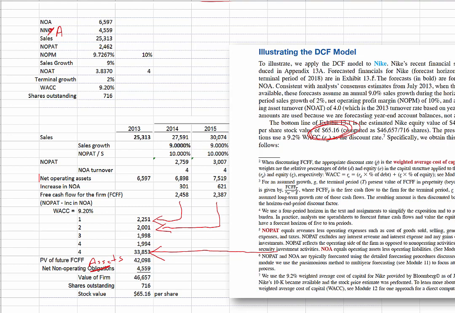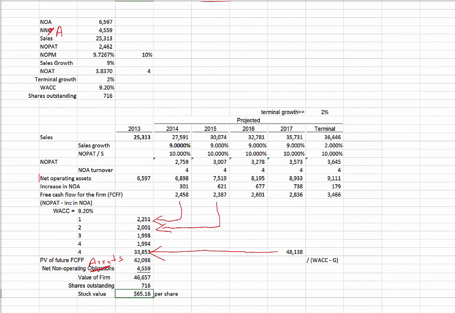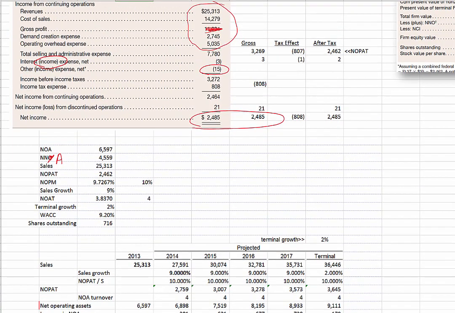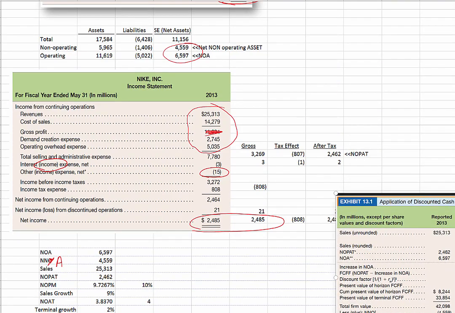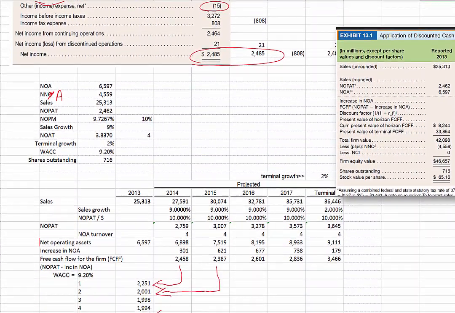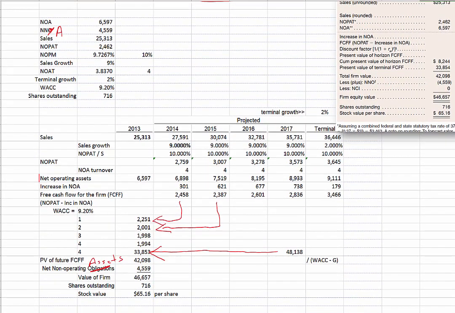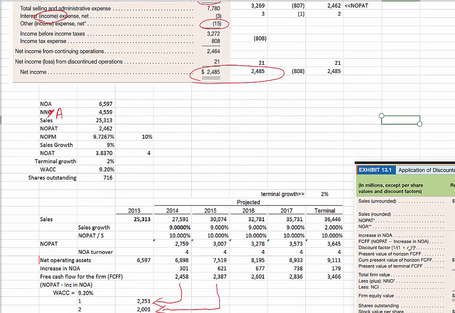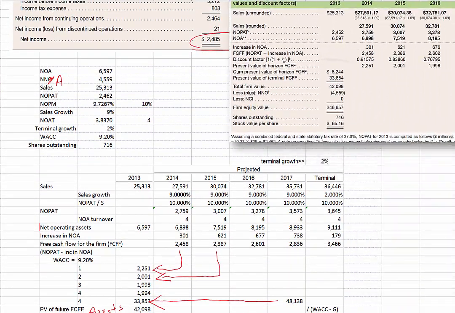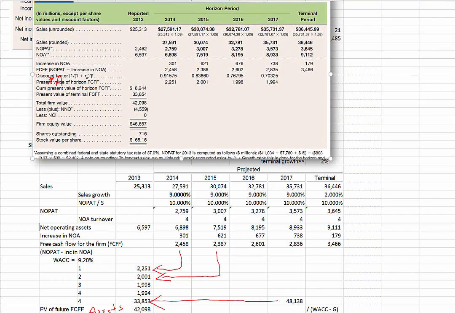So that's the example in the book. Let me go up and get the computation from the book and bring it down here. Let's see, how can I do this? Like that.